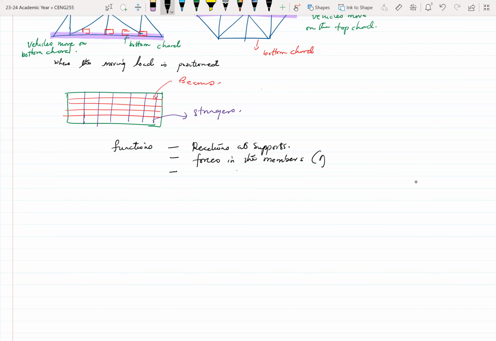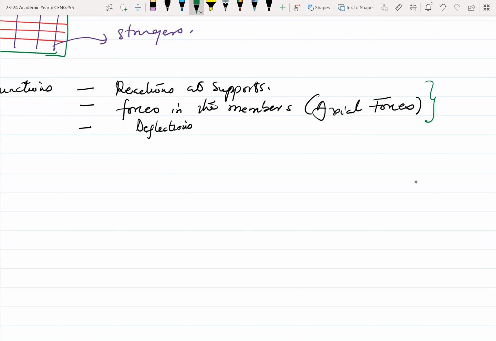We don't do bending, we don't do shear, we only do axial forces. Then we look at deflections as well. But again, we will focus on these two.